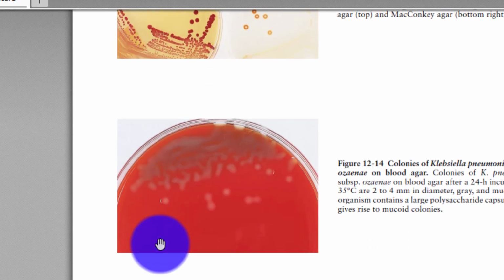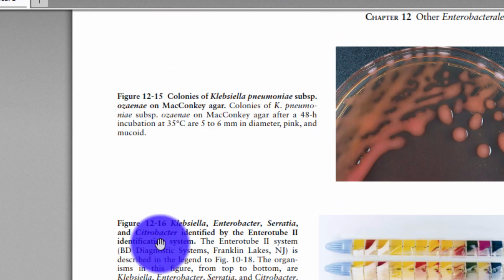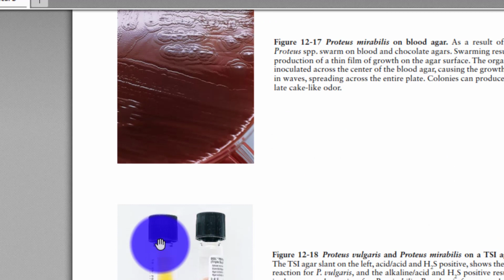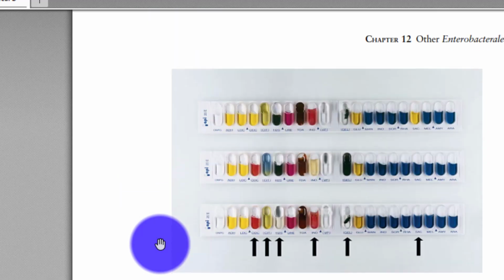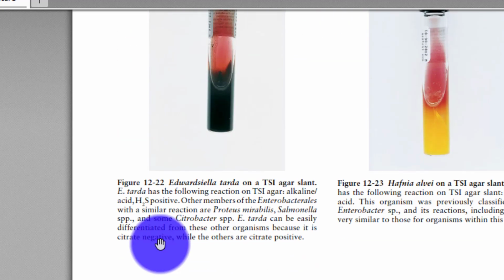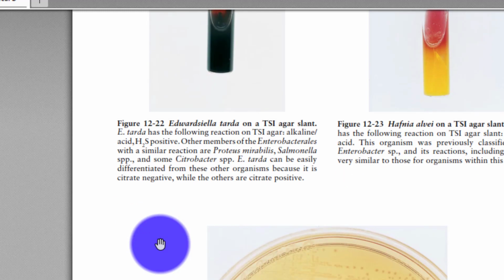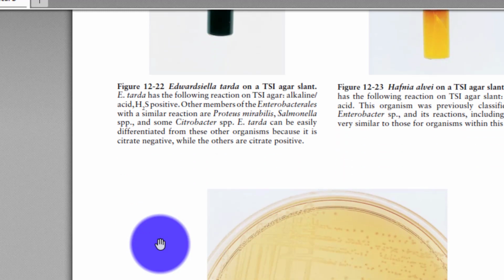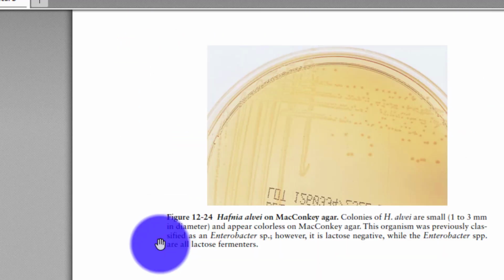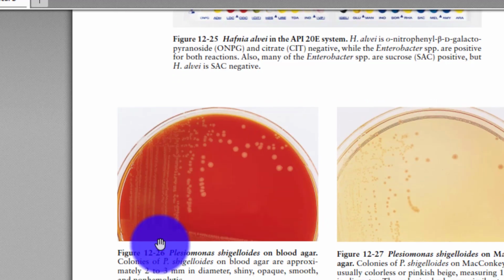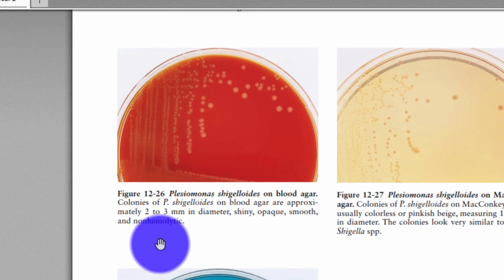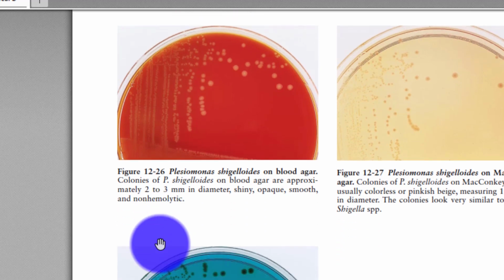Colony of Klebsiella pneumoniae, Proteus on blood agar, Edwardsiella, Hafnia on MacConkey, Plesiomonas shigelloides on MacConkey.